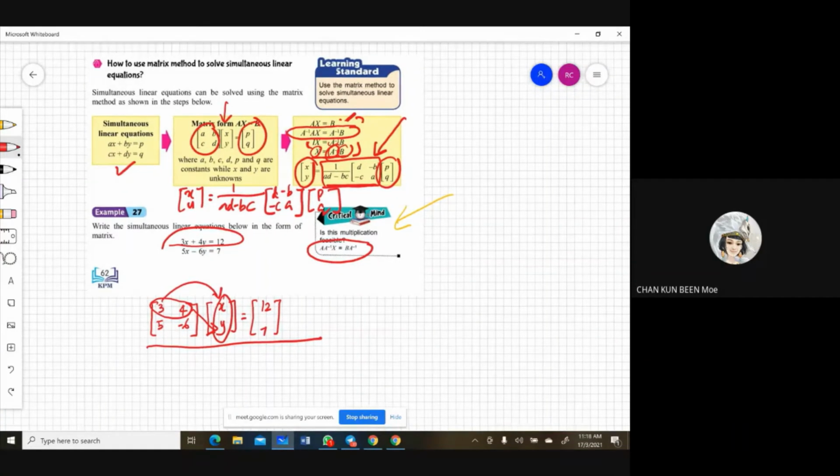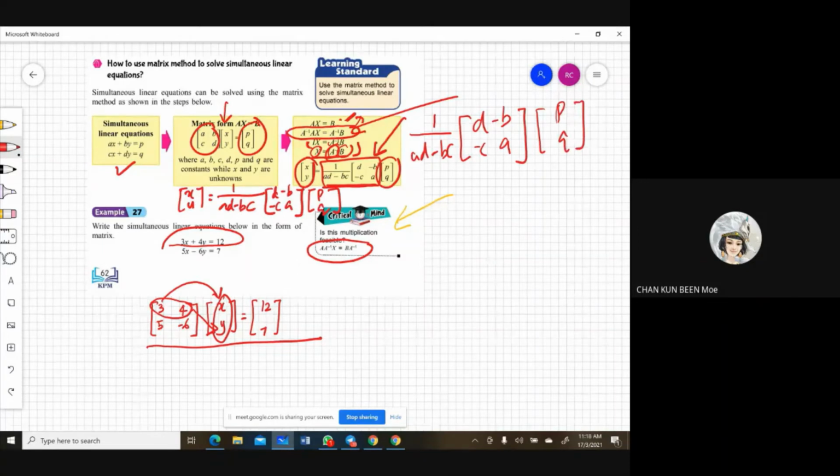For example, you will do this one first. The inverse matrix of A is D, negative B, negative C, A, and then the front part is 1 over AD minus BC. That is the inverse matrix of A multiplied by B. So your B is PQ.